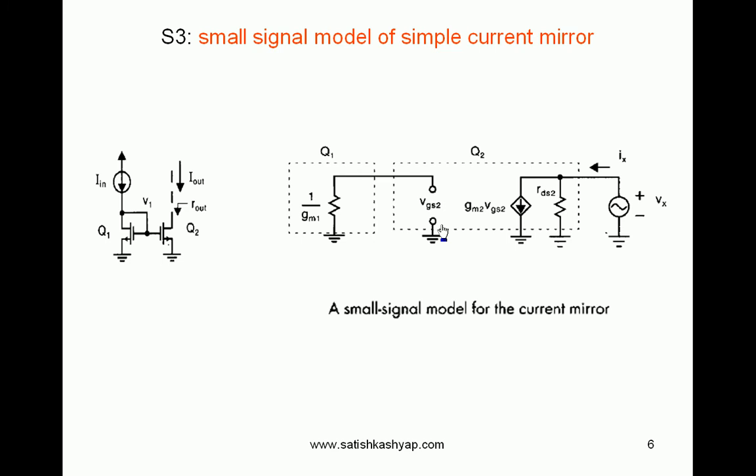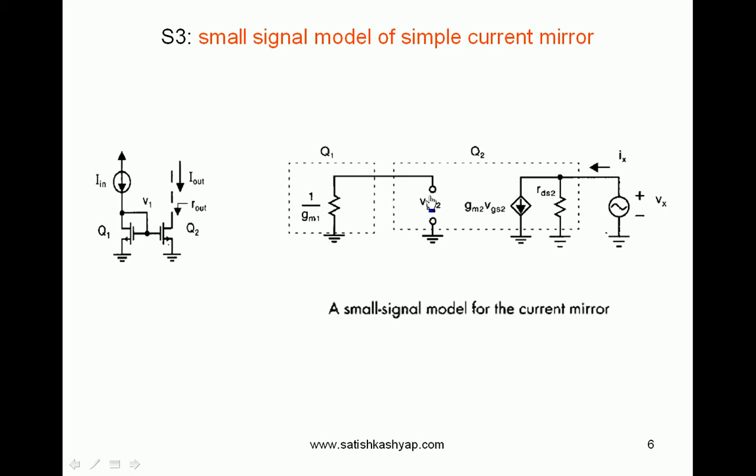The value of VGS2 in this small signal model is 0, because look at this one. VGS2 is nothing but the voltage from this point to this point, which is in parallel with this resistor. So the voltage across this resistor is nothing but the voltage drop across these two terminals. So VGS2 is nothing but the voltage drop across 1 by GM1.